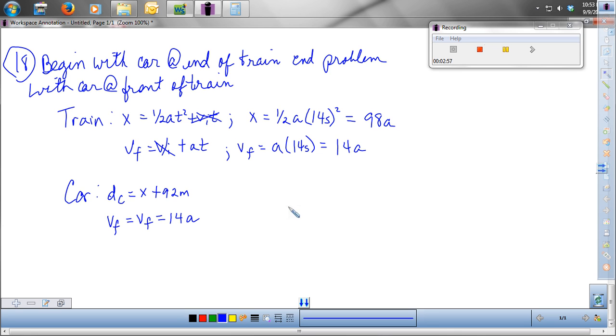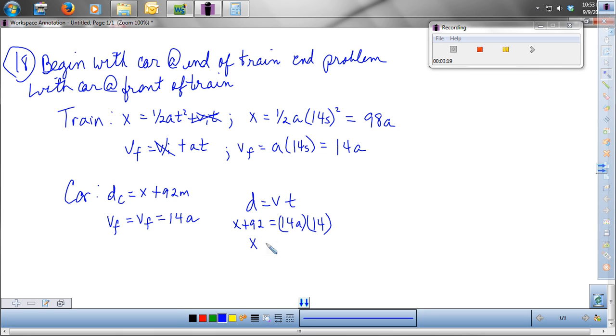So what I said was that distance is equal to speed times time. So distance is x plus 92. And I'm not going to worry about the meters. The speed is going to be 14A. And it's going to last for 14 seconds.